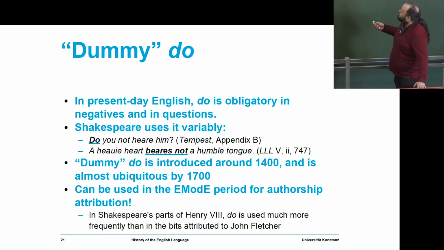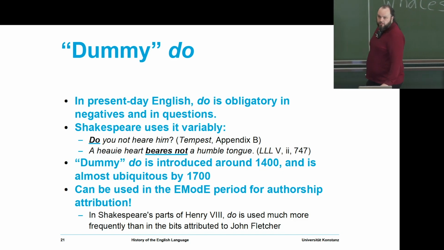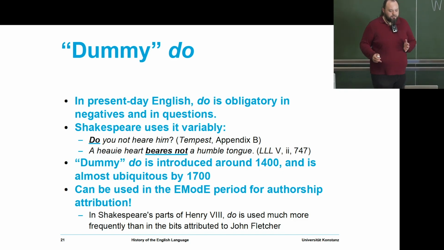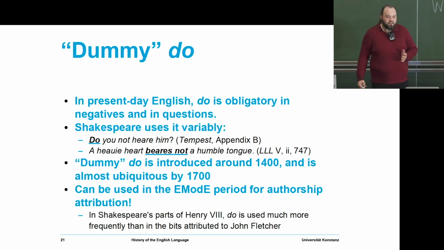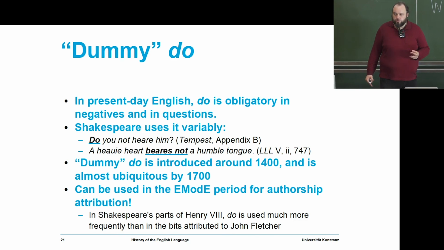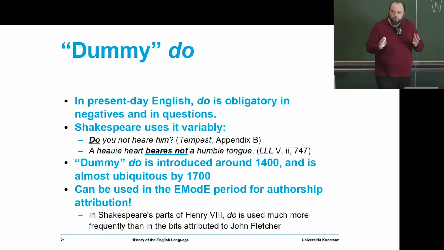And what you find is, for instance, if you look at the play Henry VIII by Shakespeare, the traditional view is that some parts of this are written by Shakespeare and some of them are written by another writer, John Fletcher. And in the parts that are written by Shakespeare, you find a lot of do, and in the parts that are written by Fletcher, you don't find as much. So these low-level linguistic features that you probably would never think about can be really useful as a kind of forensic clue to discover who wrote a given text.